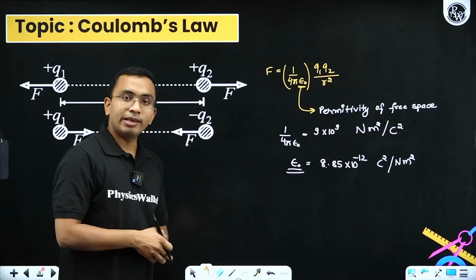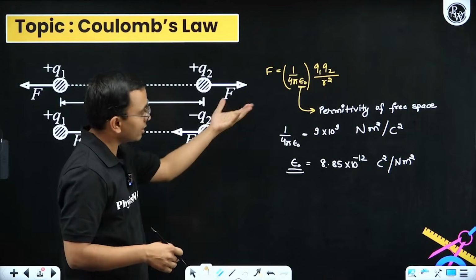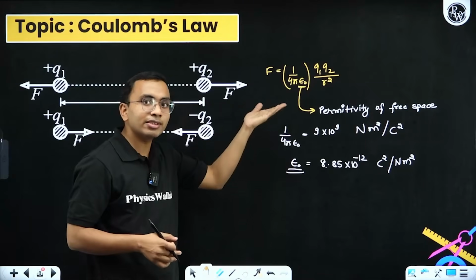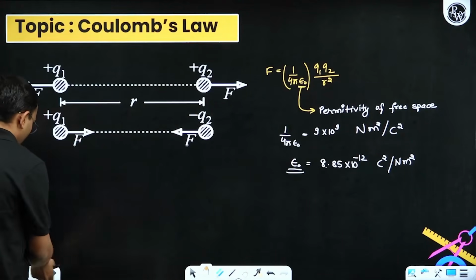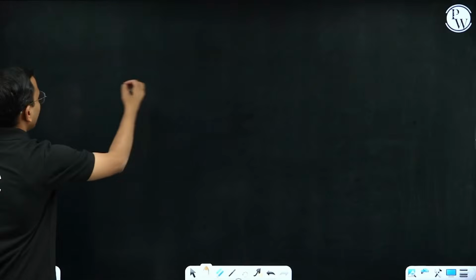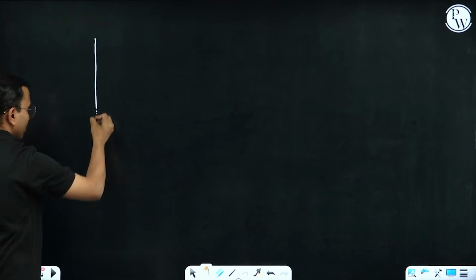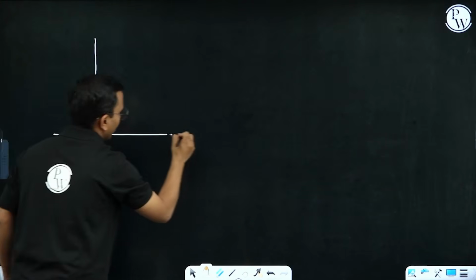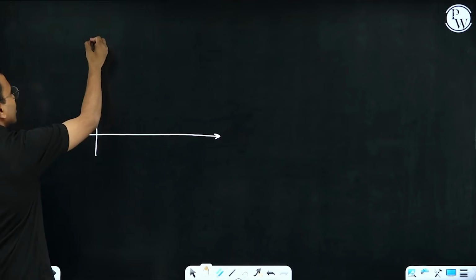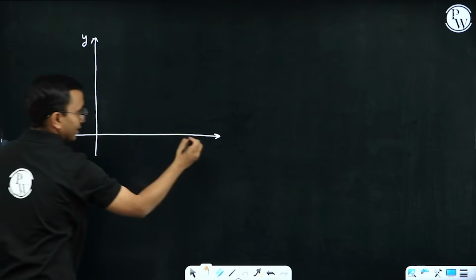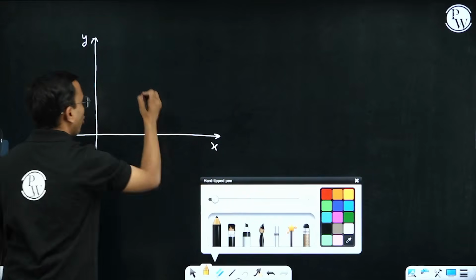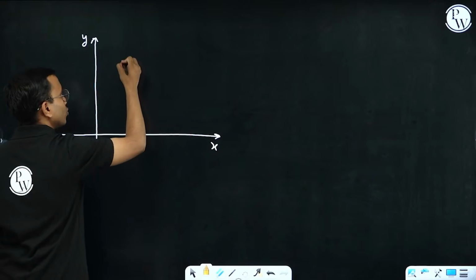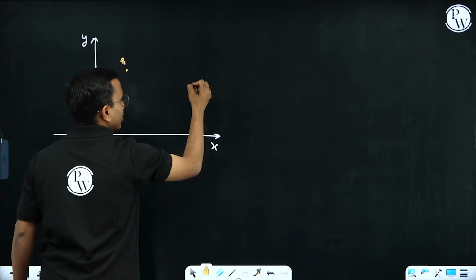Now let us learn how to represent this magnitude in vector form. Let us take this as the y-axis, this as the x-axis, and we have two point charges q1 and q2.